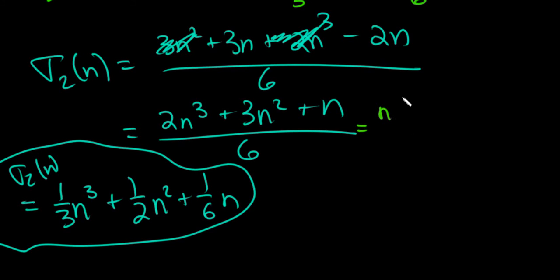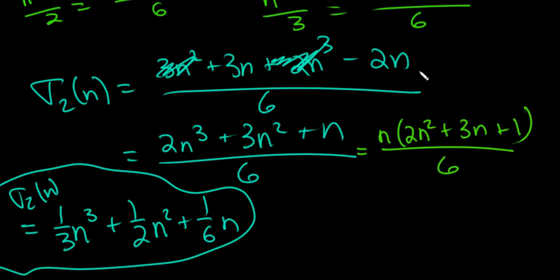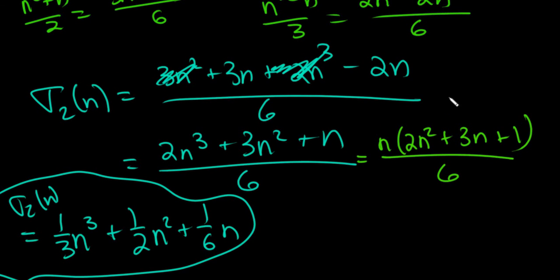Well, this is equal to n times (2n squared plus 3n plus 1) over 6. And I have to use the quadratic formula to factor this because I can't do this in my head. So that would be negative 3 plus or minus the square root of b squared.